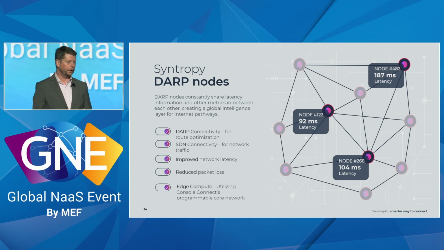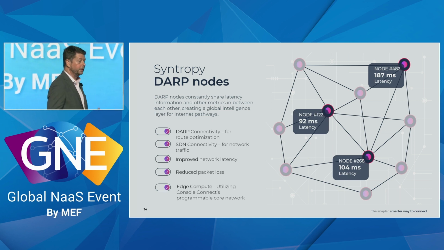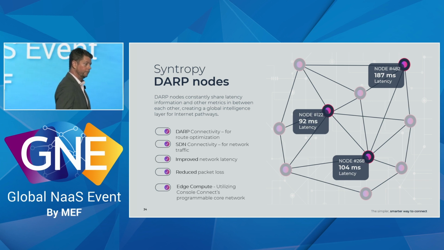It wasn't looking at the underlying network as a provider. So what we did is we participated in this distributed autonomous network, operating a node, actually a variety of nodes. We have a global edge compute platform that we operate, and we distributed these DARP nodes across our network, and they participated in this platform.